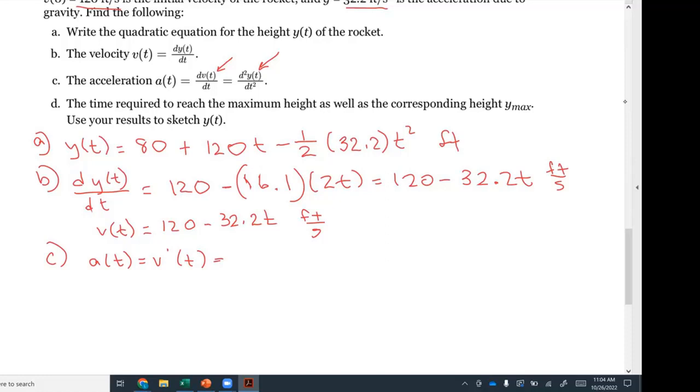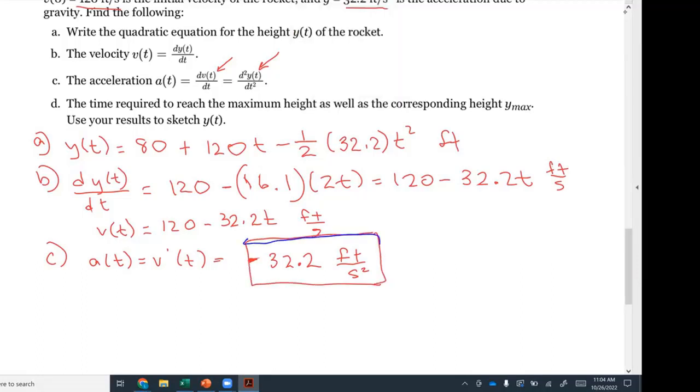We have a constant, which goes to 0. We have minus 32.2t. Well, we pull out the constant. We take the derivative of t, which is 1. We don't have any variables left. And our acceleration is negative 32.2 feet per second squared.